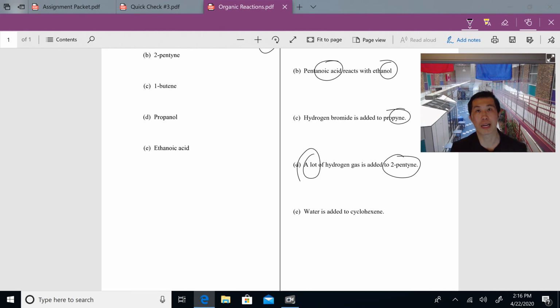You're basically breaking it down or attacking it until there's no more multiple bonds. So be careful of that one, okay? And then the last one is we have a cyclo, okay? Notice it's got a double bond. And what would happen if you added water to it? That sounds like a hydration reaction that you would end up producing a particular alcohol.